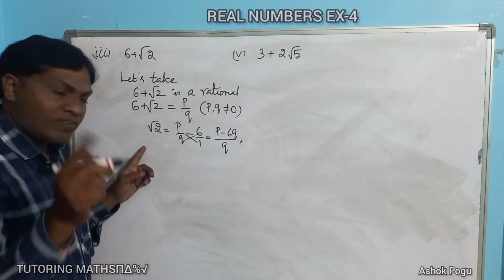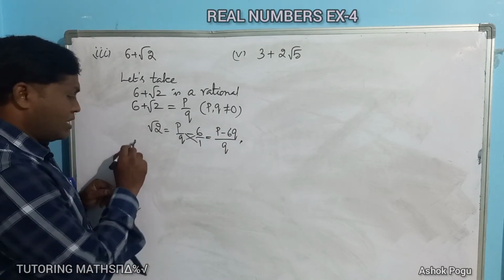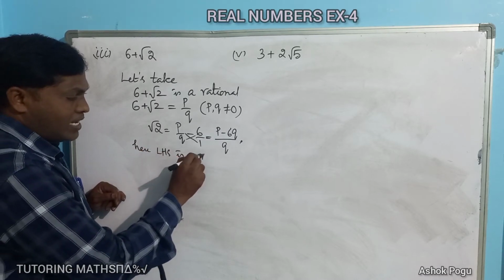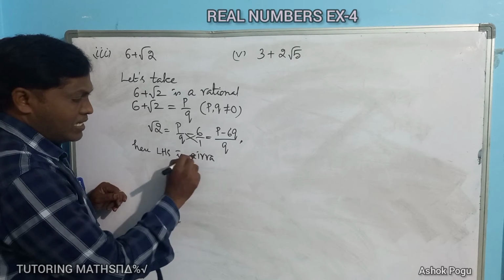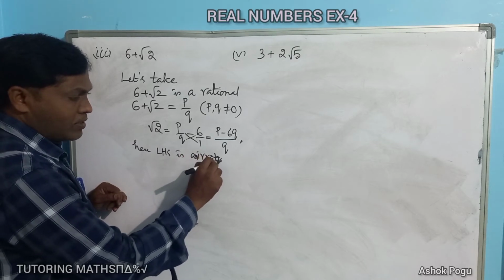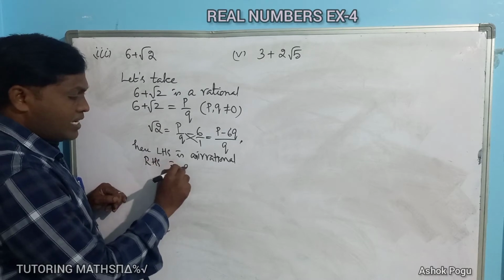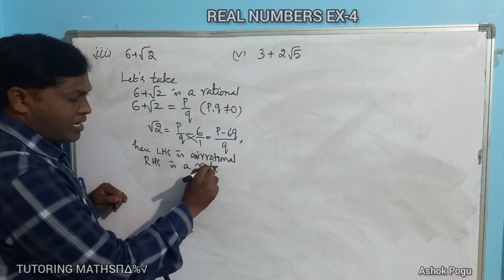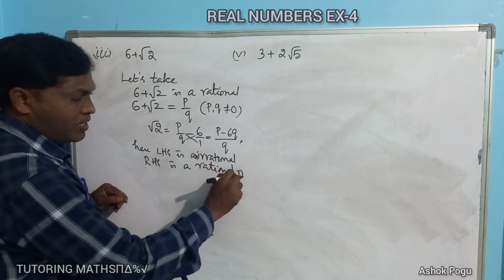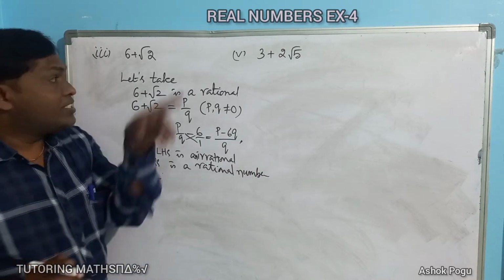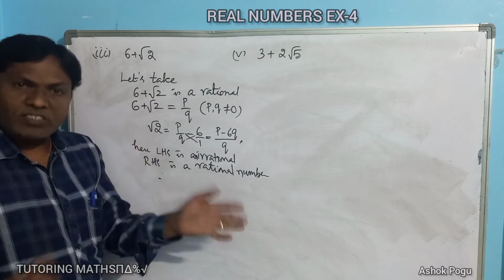Actually, you observe here LHS and RHS. LHS is an irrational number. RHS is a rational number. So therefore, what you have assumed is wrong.